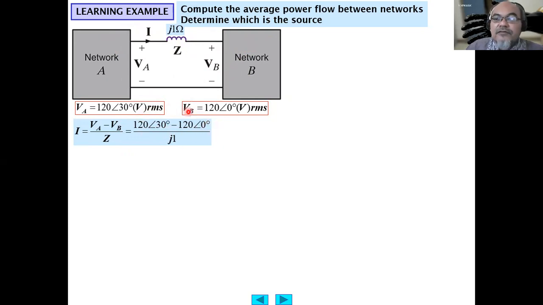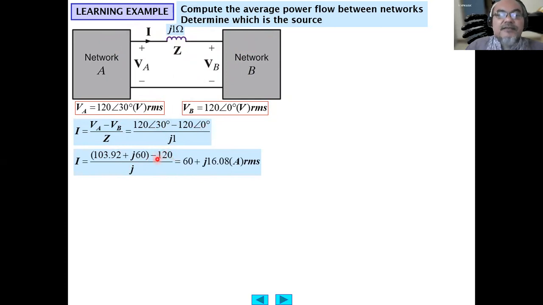Here we have to convert into complex format. So it becomes 103.92 plus j60 minus 120, divided by j. The real part now is 60 plus 103.92 minus 120, which is minus 16.08.